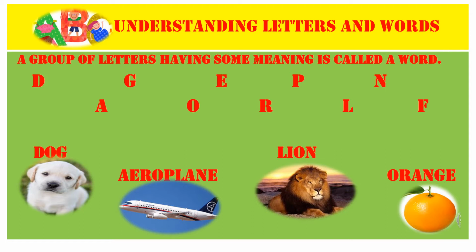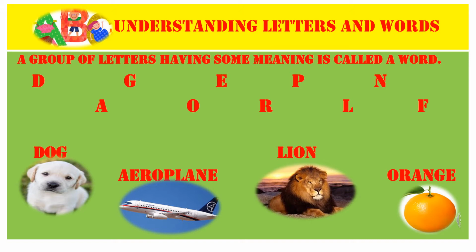Now, before I tell you what exactly is a word or how you form a word, children, look at the screen and see there are some assorted letters that I have written, alphabets: D, A, G, O, E, R, P, L, N, F. Now, what are these? These are just simple letters.